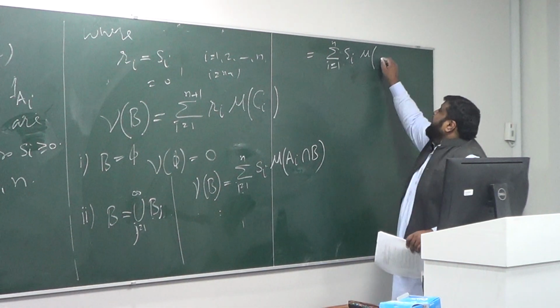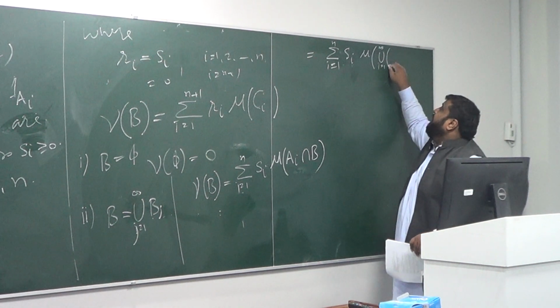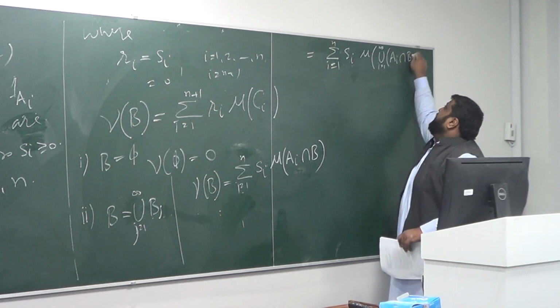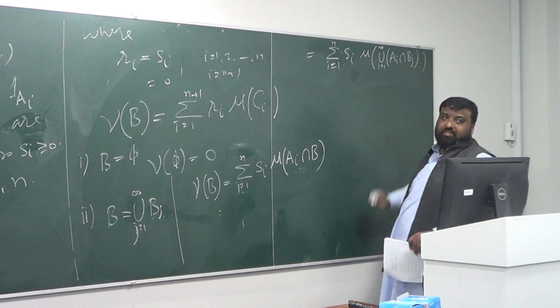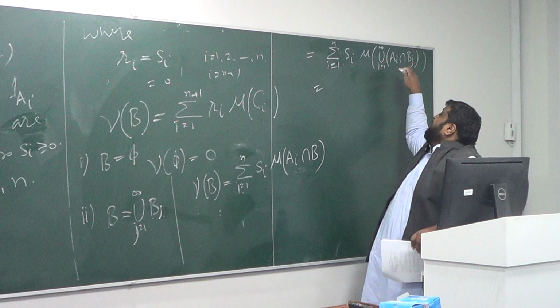Then I can write this as the union over j equal to 1 to infinity of A_i intersection B_j. Agree?